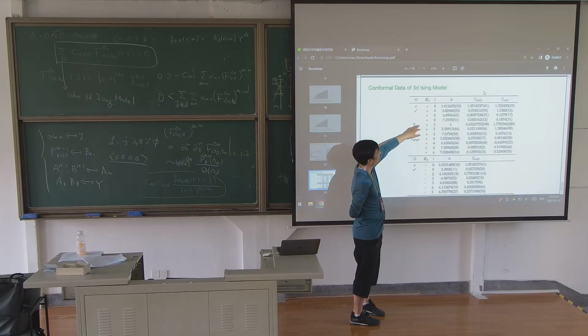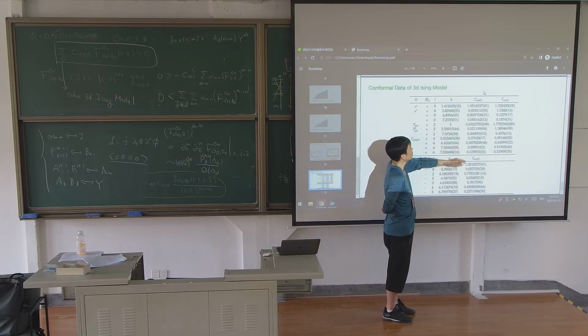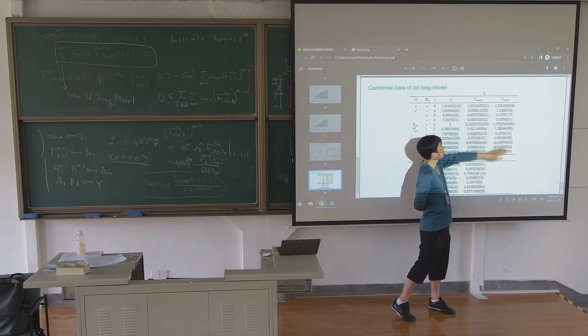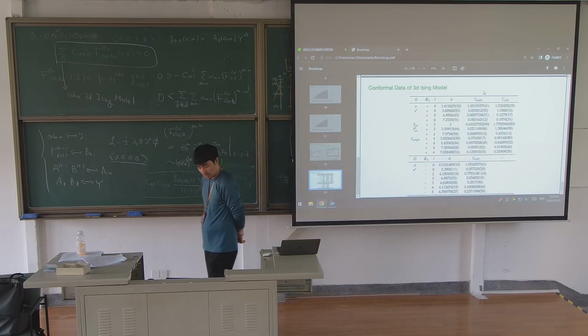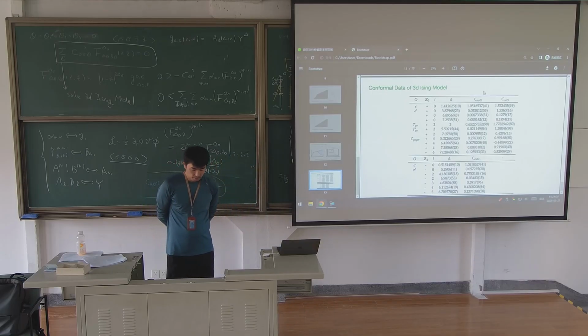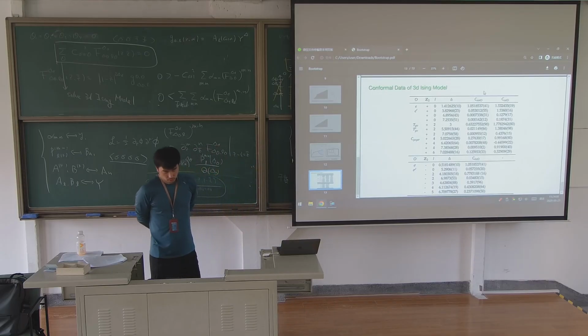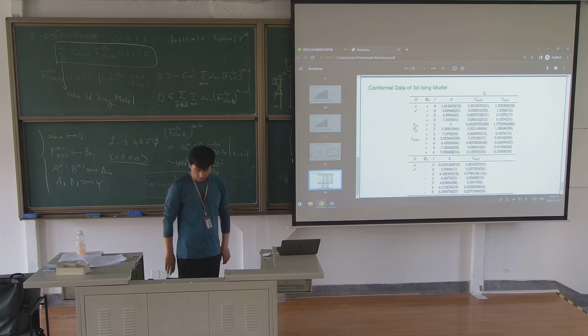So those are OPE data. These are the conformal dimensions, and the OPE coefficients are given here, and so on. Those are the conformal data one can obtain by solving the conformal bootstrap equation.